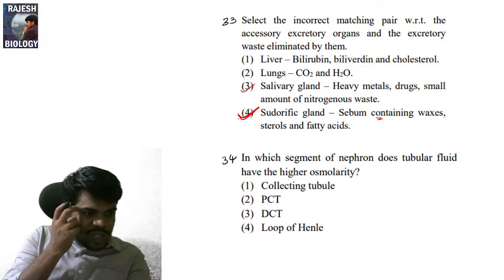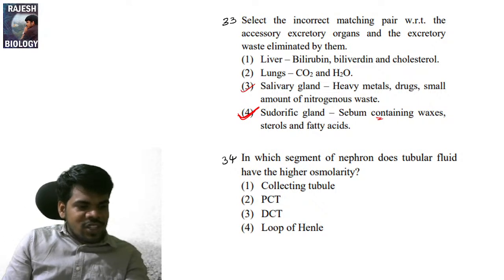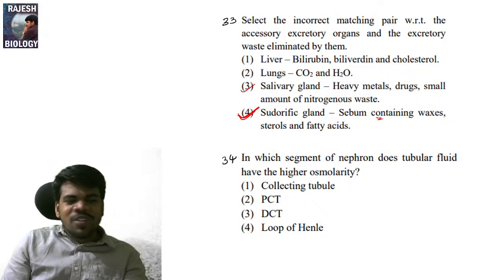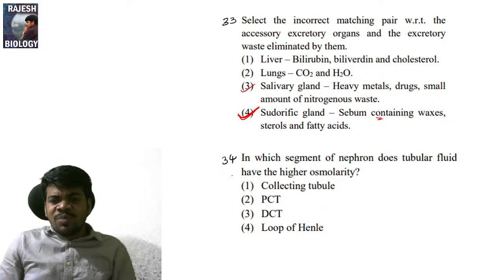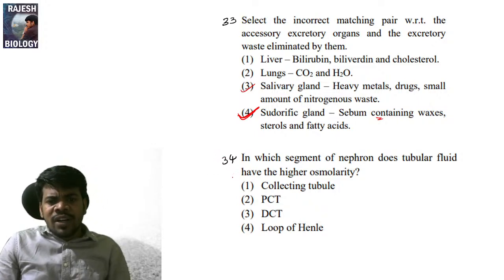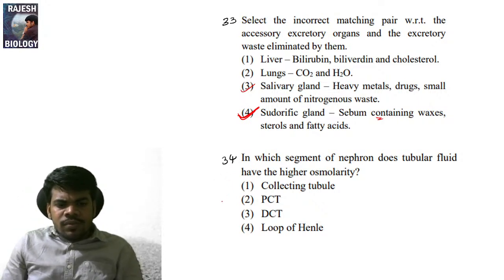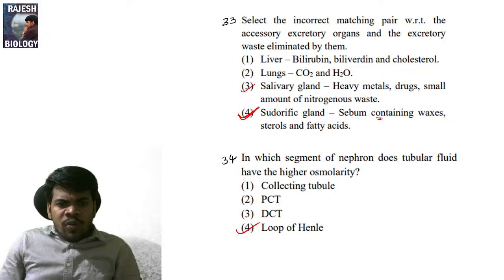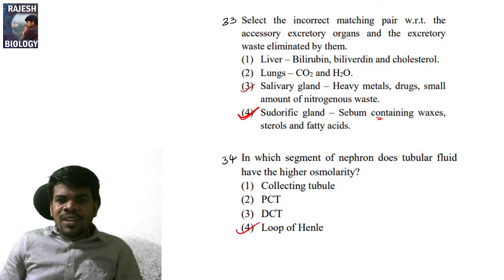Thank you, Chinnu. Come to the 34th question. In which segment of nephron does tubular fluid have the higher osmolarity? Loop of Henle. It is not the PCT, DCT.